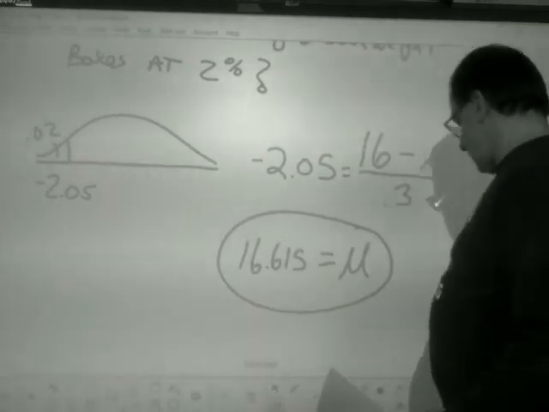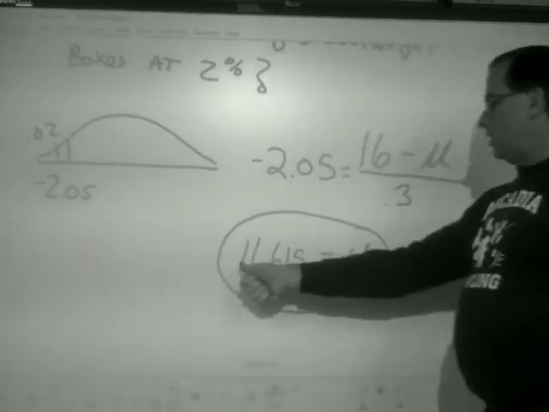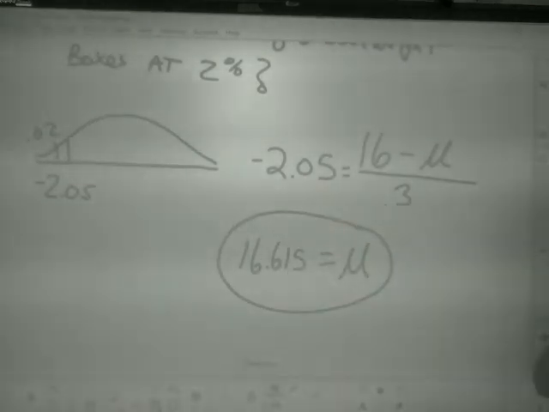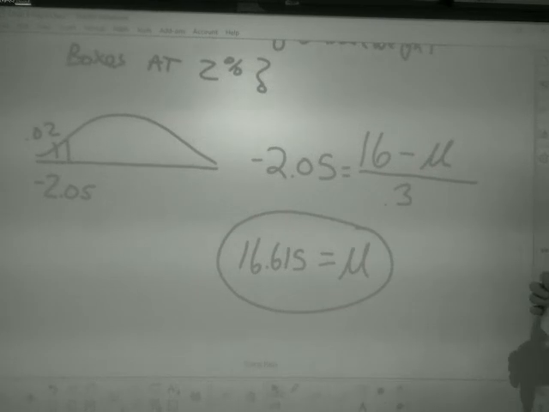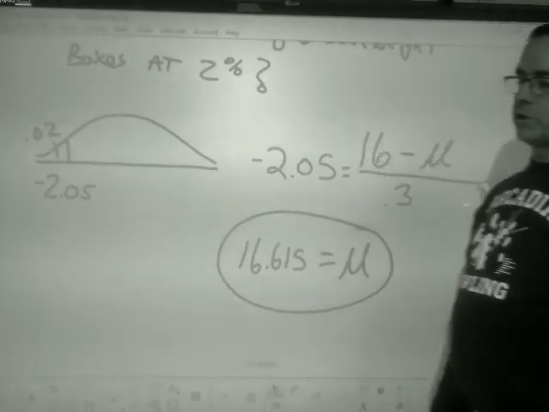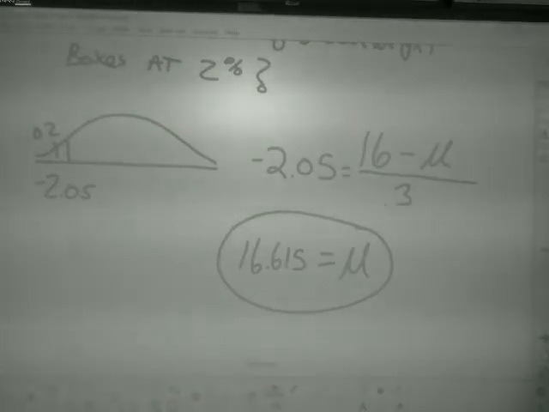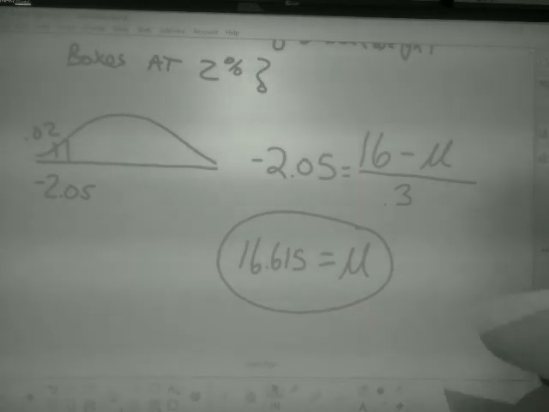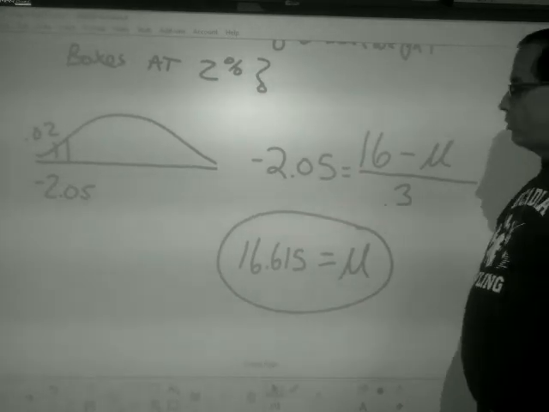That's the new setting. So if I set the machine now at a mean of 16.615, only 2% of my boxes will end up underweight, and I'm willing to live with that as a manufacturer and not get yelled at by some sort of consumer reports about my product.